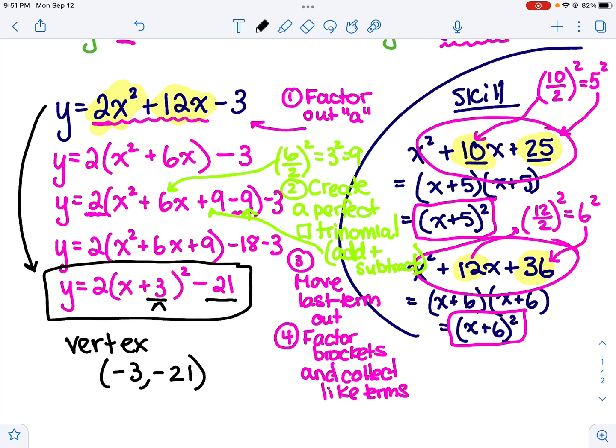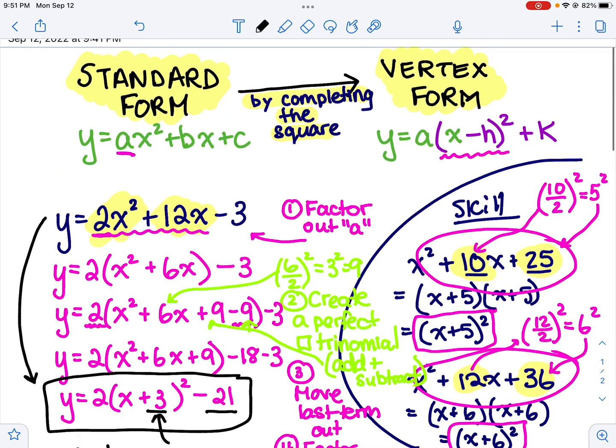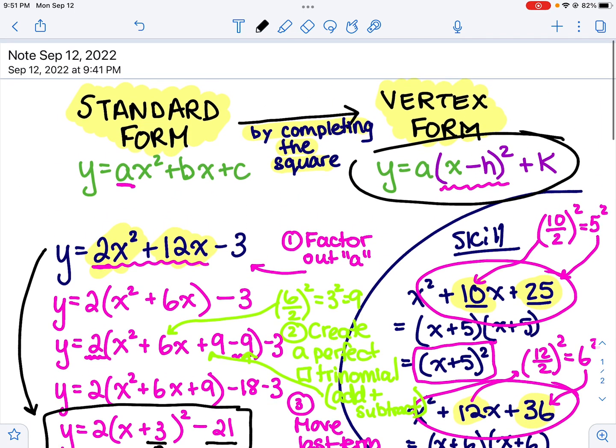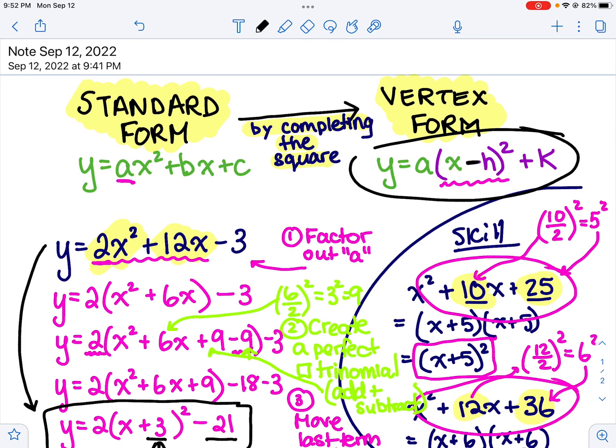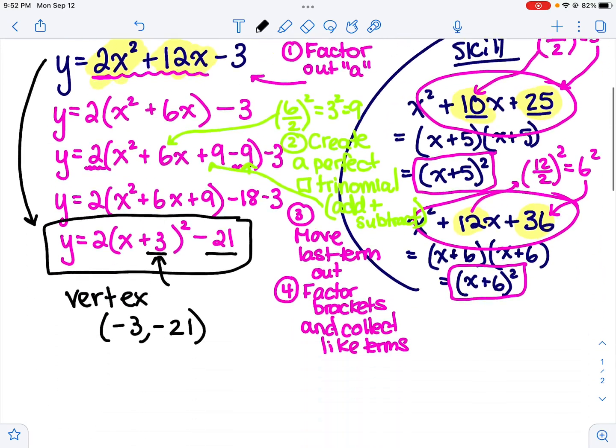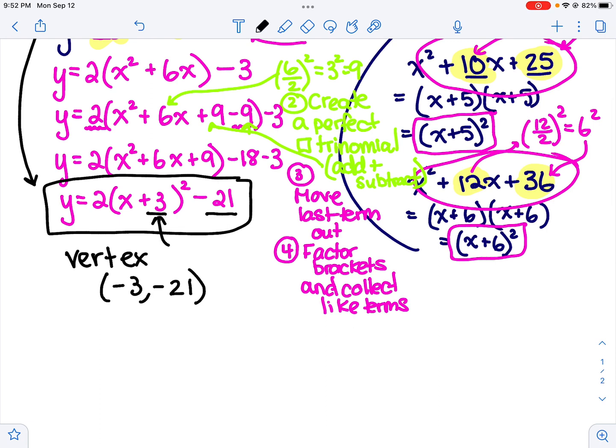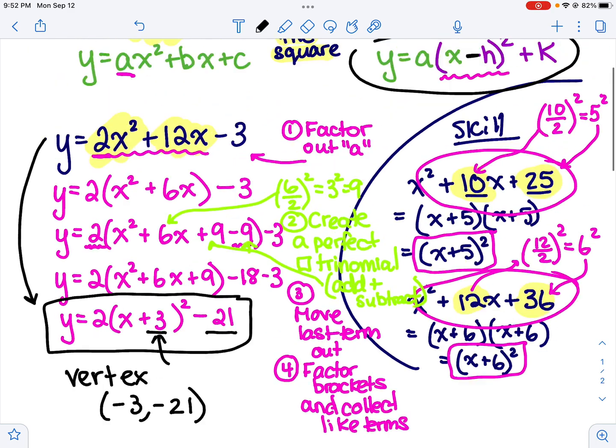If you remember, it's always the opposite of that number because our vertex form equation has a minus sign in it. So really that's actually a negative 3. Yeah, so it's always the opposite of the one in the brackets. So we have vertex at negative 3, negative 21.